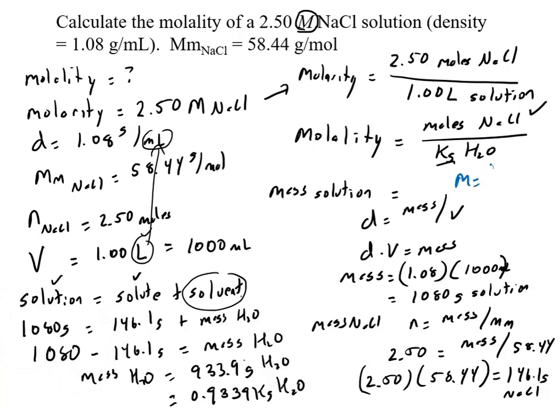So I already had that. That was the 2.50 moles, divided by the kilograms, which is 0.9339. And so my molality is equal to 2.67. And that is molality. I said I was going to write it out, but I ran out of room. And so I will do another example of that in the next one.